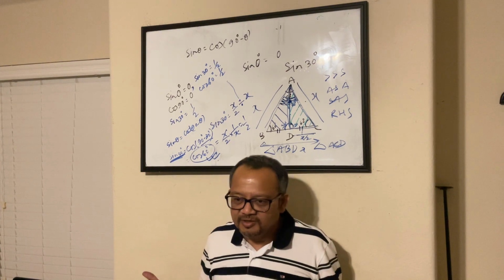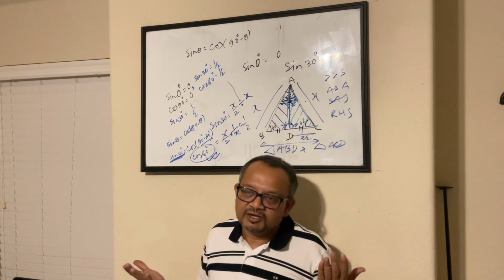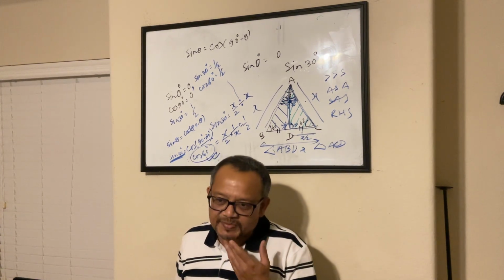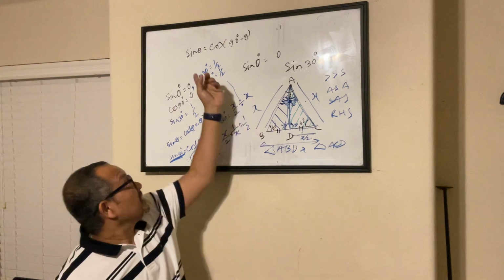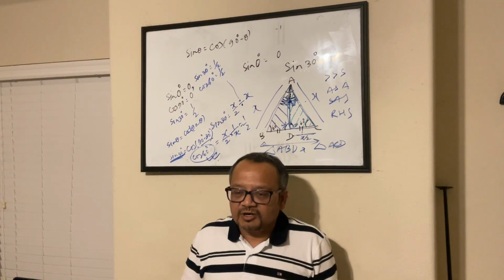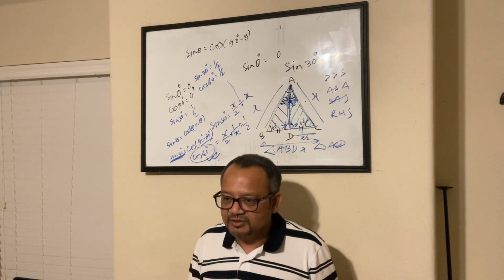It will be the same, because 48 is nothing but 90 minus 42. So that is where this rule of complementary angles helps you derive a lot of related information.